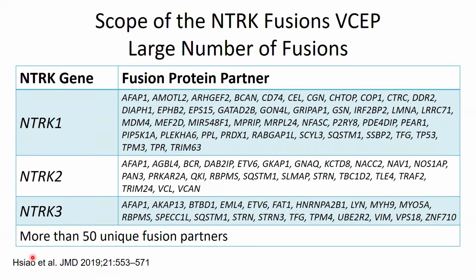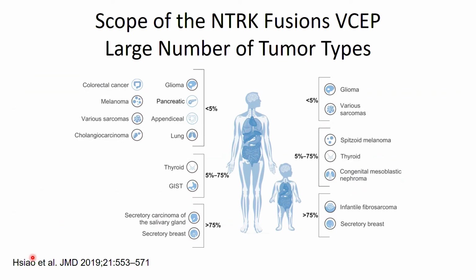So the scope of this expert panel will be curation of all known NTRK fusions, and clearly it will be a complex task because there is a large number of known individual NTRK fusions. In addition, they are found in a large variety of different tumor types, both in pediatric and adult population. So within the scope of the expert panel will probably be all different NTRK fusions in all the variety of different tumors where they occur.